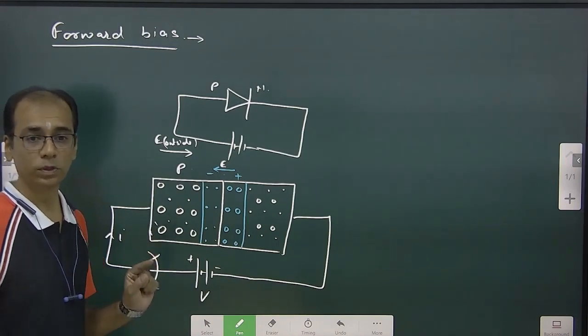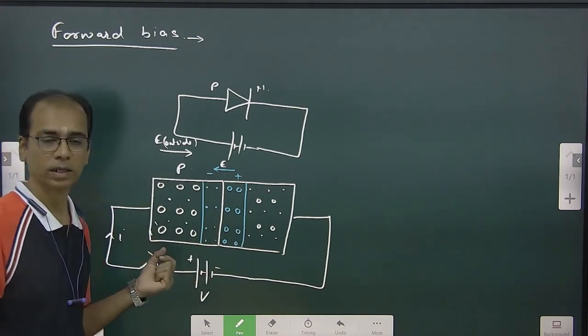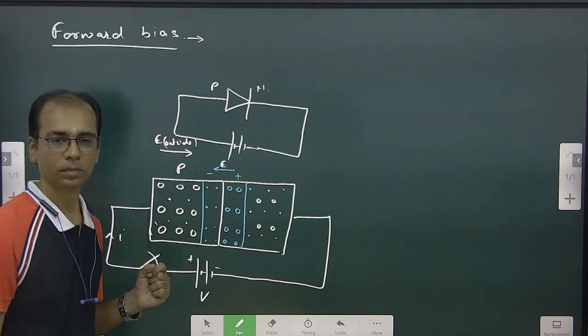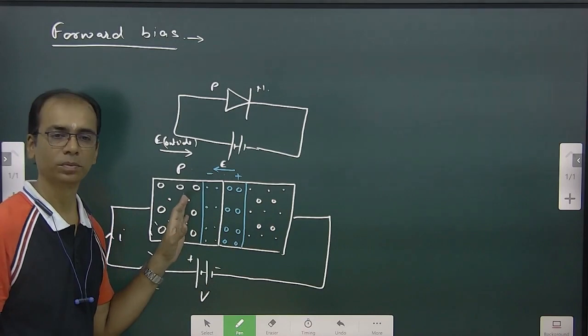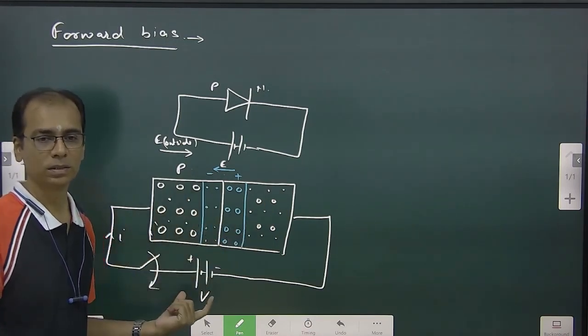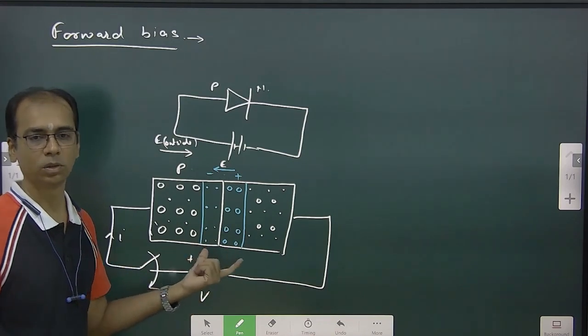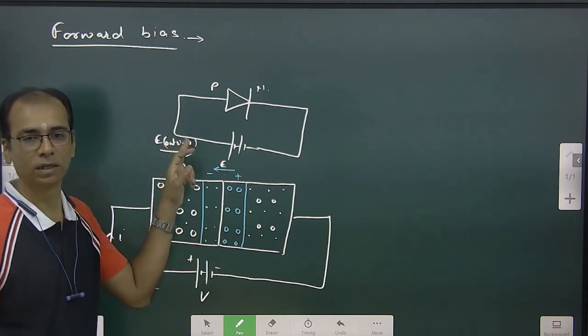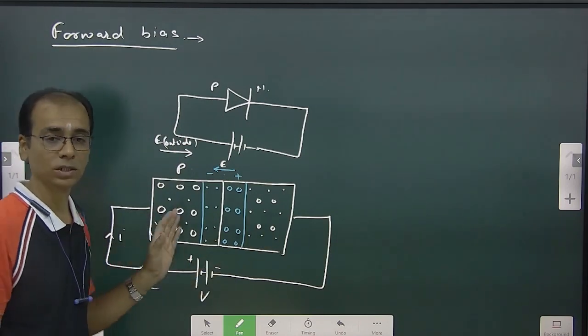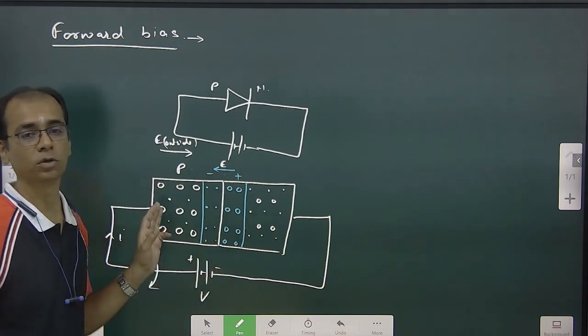So first, when it was not connected, we were not getting any current. As we connected it, we were able to apply certain force, so maybe some electrons were able to go initially. When this potential becomes more than the barrier potential, or the outside electric field is more than this electric field, more charge carriers, more electrons, are able to cross.